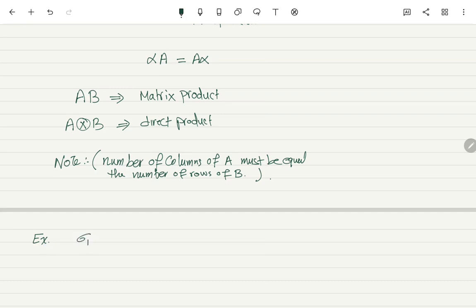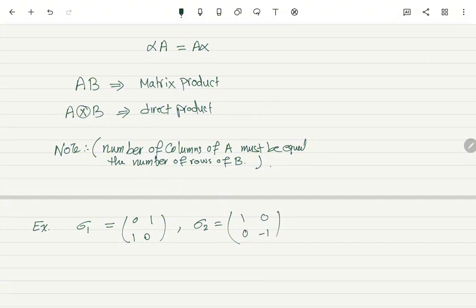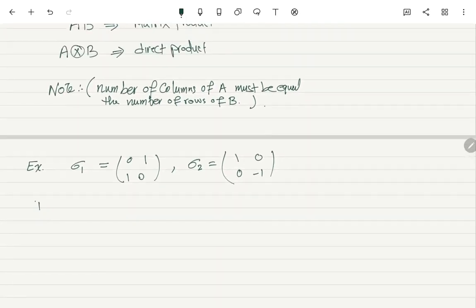If sigma 1 is defined as 0, 1, 1, 0, and sigma 2 is defined as 1, 0, 0, minus 1. Question: find sigma 1 sigma 2. Remember, this product is called the matrix product.